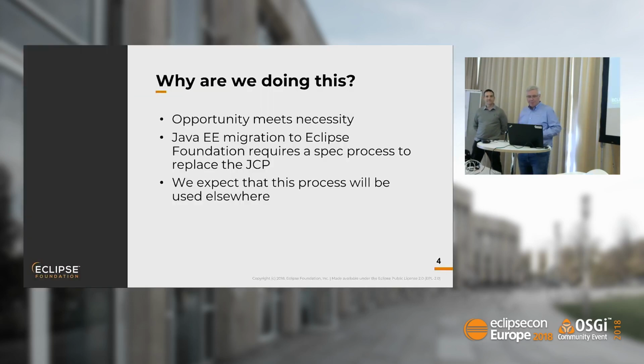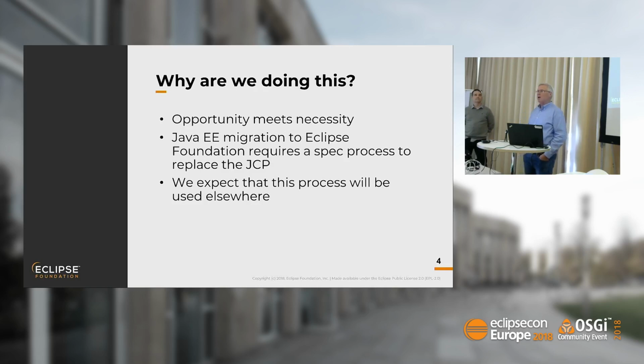So background. Why is the Eclipse Foundation doing specs in the first place? It's an opportunity meets necessity sort of thing. We've been thinking about this for a while, because we're big believers that open standards or open specifications and open source are very complementary to one another.